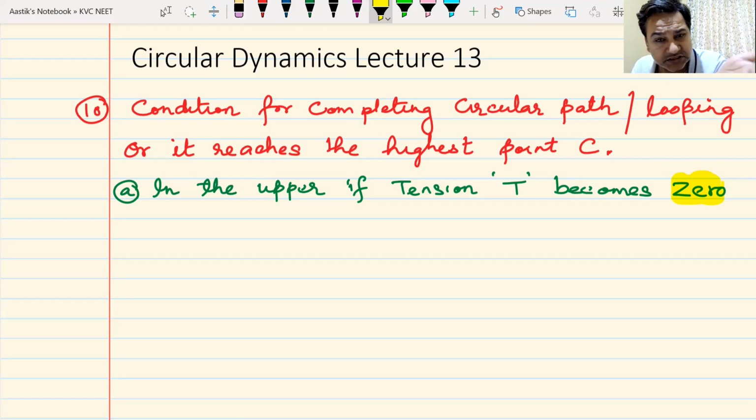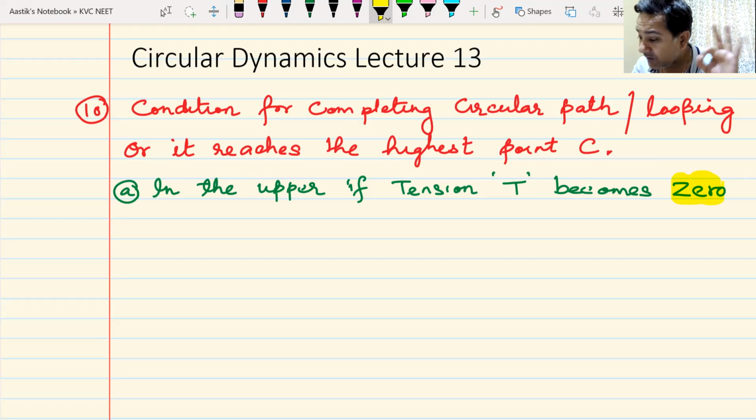It's because of tension in the string. If the tension in the string becomes zero, it will no longer follow a circular path. And if it does not follow the circular path, it will never reach the highest point because it is not on a circle. Now it will have a different path. What is that path? I will also tell you that.